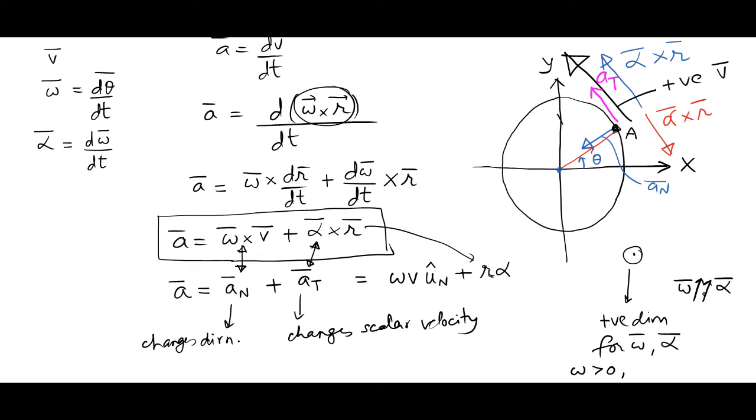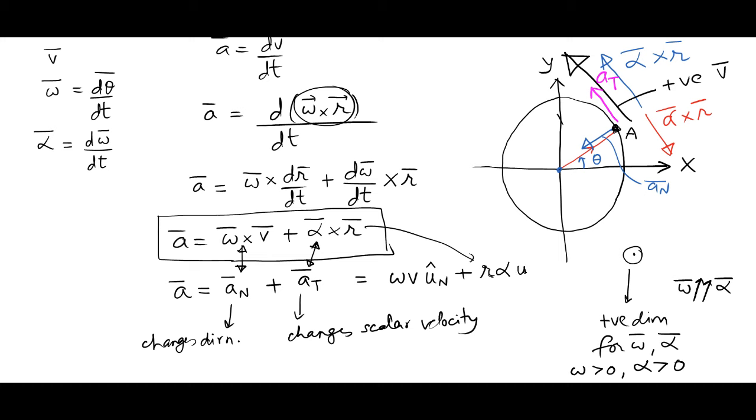Now since the particle is assumed in this case to be speeding up, and we'll do the second case just 1 minute afterwards, if the particle is speeding up, then alpha bar also comes out of the plane of the screen. So that means that both omega and alpha have the same sign. Both of them are positive. So under this sign convention, if the particle is speeding up, then alpha is positive.